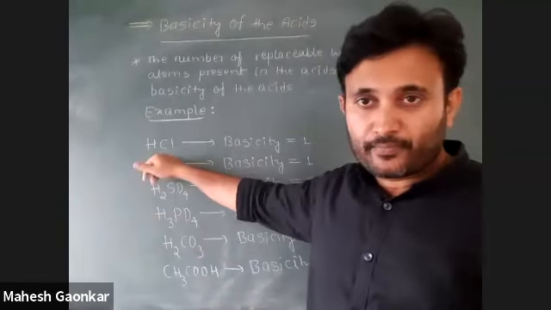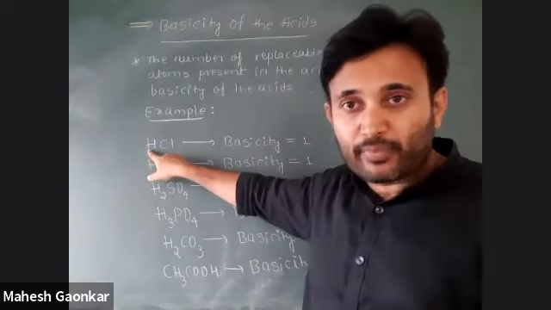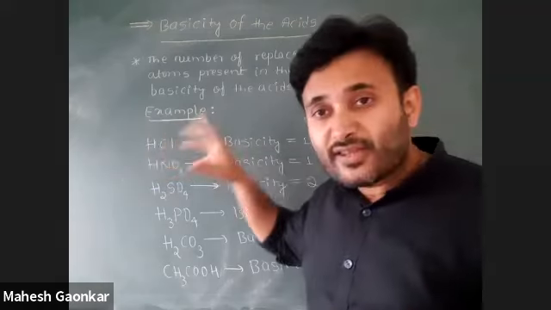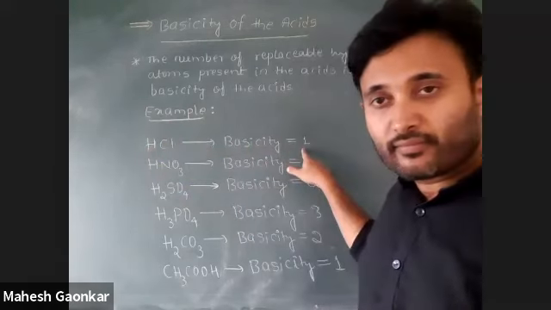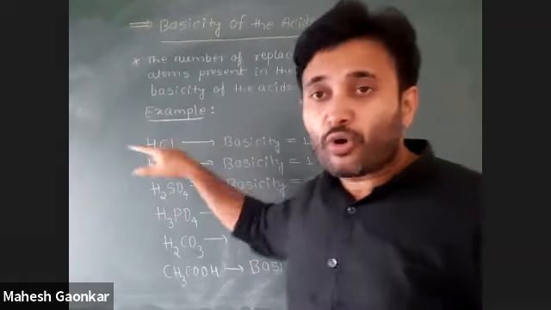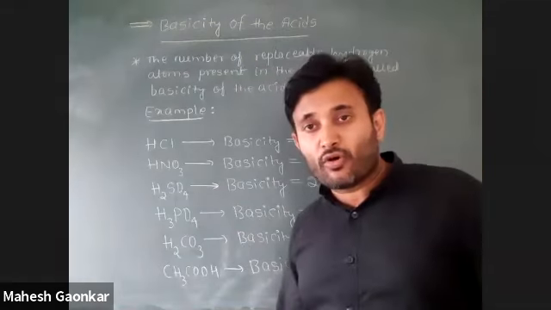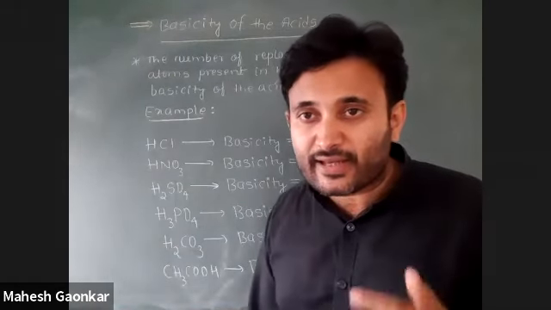Take HCl. In HCl, 1 hydrogen atom can be replaced. Therefore, the basicity of HCl is 1. Since its basicity is 1, it is called a monobasic acid.